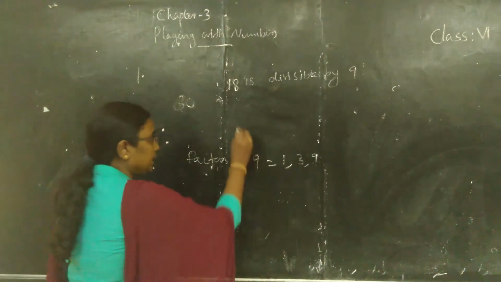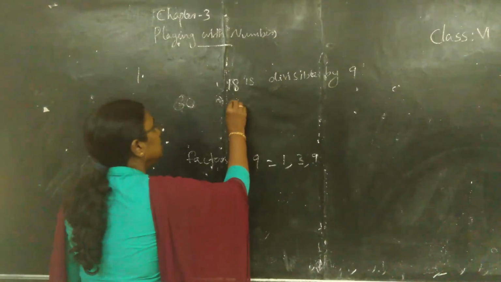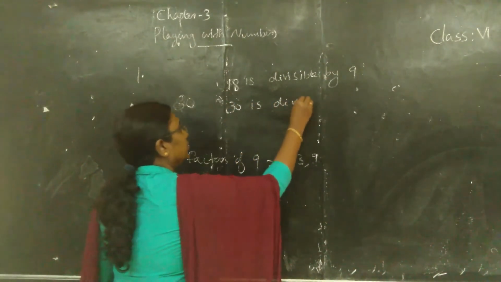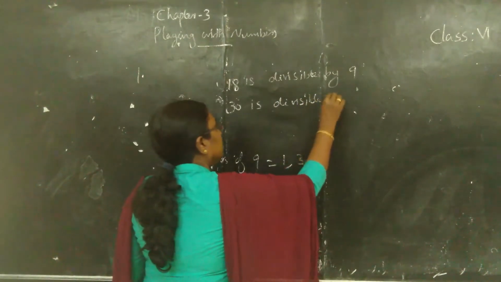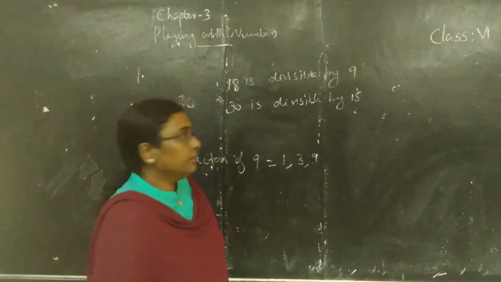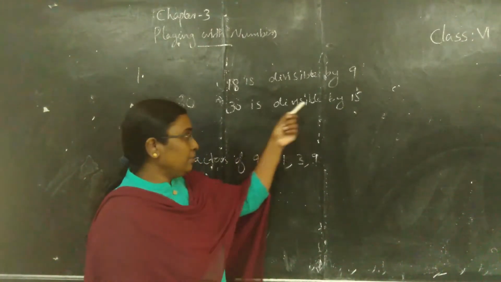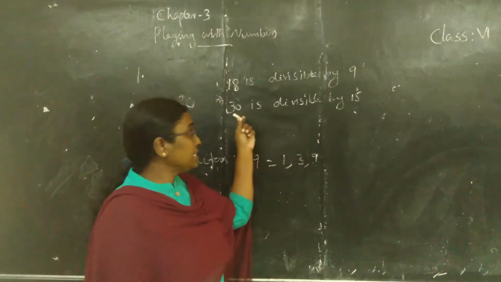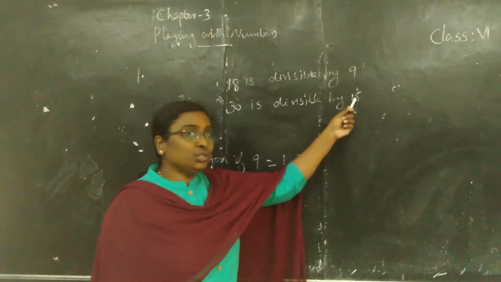Okay, consider another example. We know that 30 is divisible by 15. Isn't it? If a number is divisible by another number, we can say that this number is divisible by each of its factors.